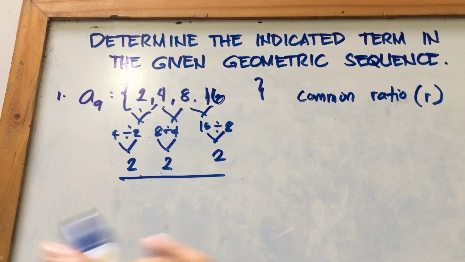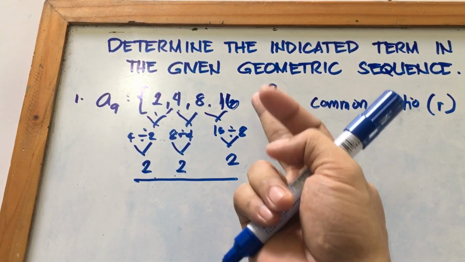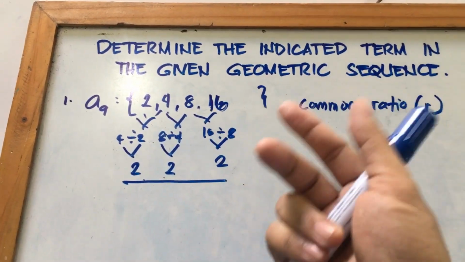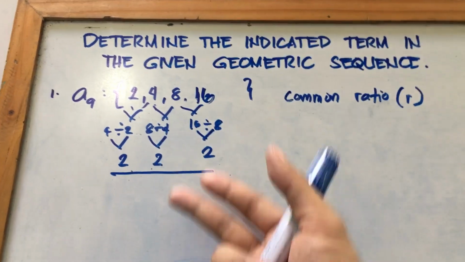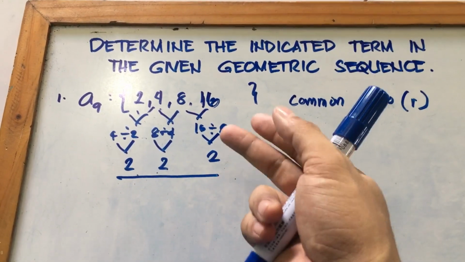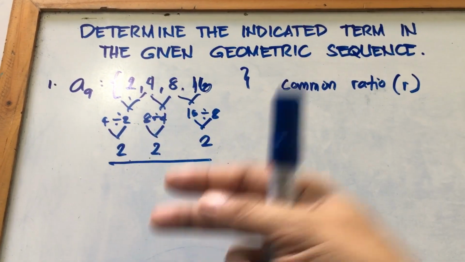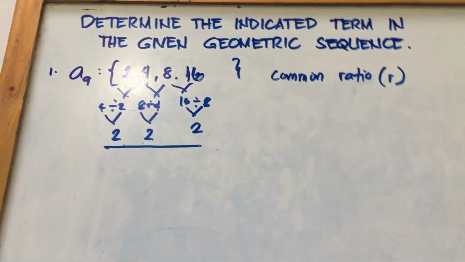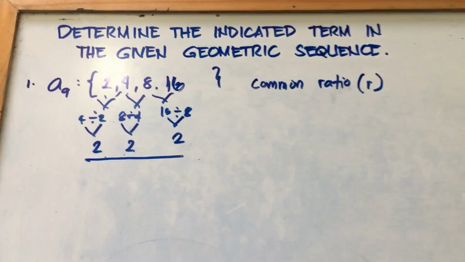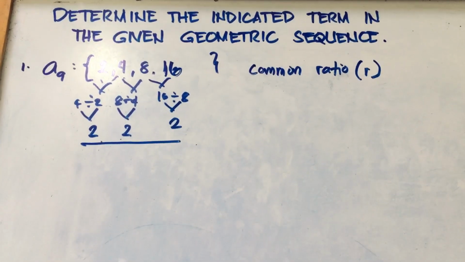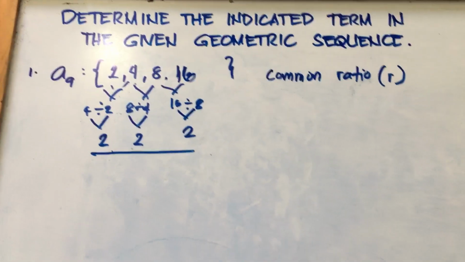So again, for a common difference, subtract numbers from right to left. In a geometric sequence, we call that number the common ratio, so we simply divide the numbers from the right going to the left. Those are the ways to identify if a specific sequence is a geometric or an arithmetic sequence.